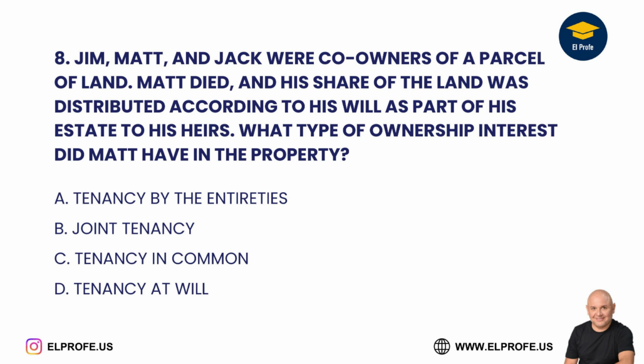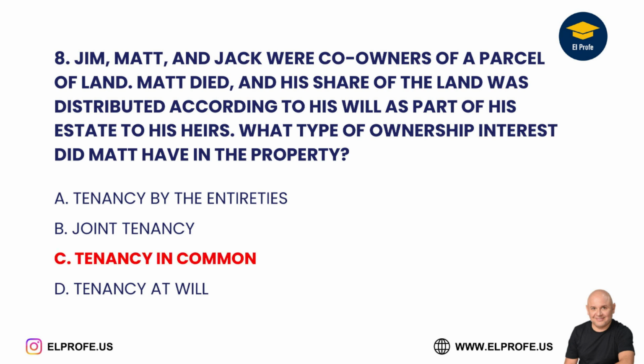There are 2 possibilities. If the deceased owner's heirs keep his share, this is called a tenancy in common. But if the remaining owners keep the deceased's share, that's a joint tenancy with right of survivorship. So in this question, it says the share was left to his heirs, which means this was a tenancy in common.